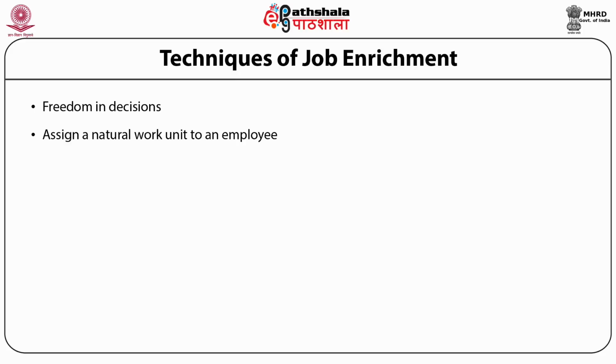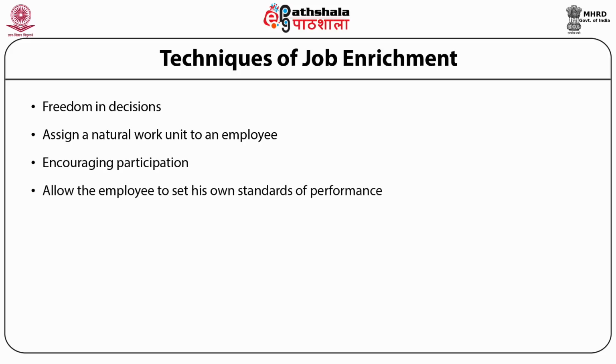The next way may be encouraging participation. The employee must be encouraged to participate with the supervisors, colleagues and subordinates. Allow the employees to set their own standards of performance. Here, autonomy and freedom are given to the employee.